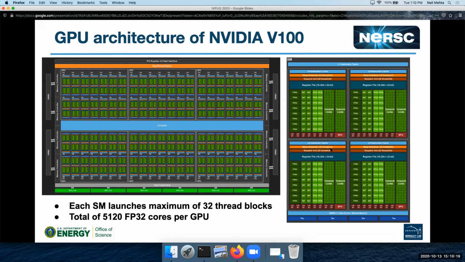There are a total of 84 streaming multiprocessors, out of which 80 are used on V100. Each SM launches a maximum of around 32 thread blocks. And so more or less you get around 5,120 FP32 cores per GPU when you're using V100 at its peak.